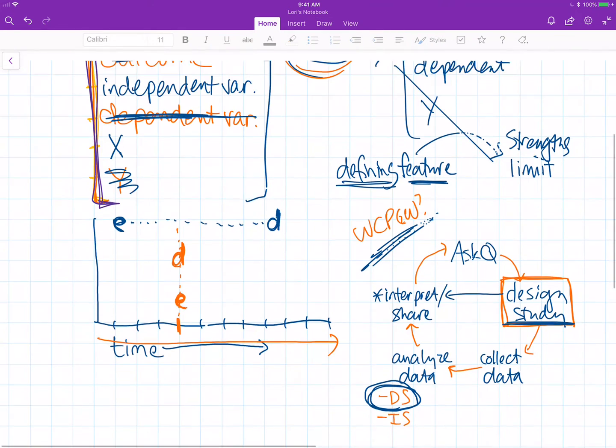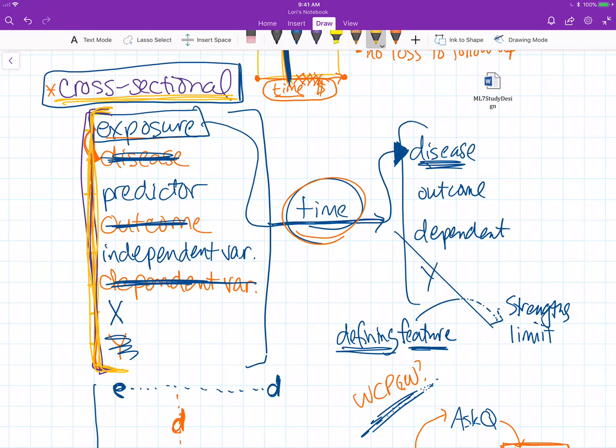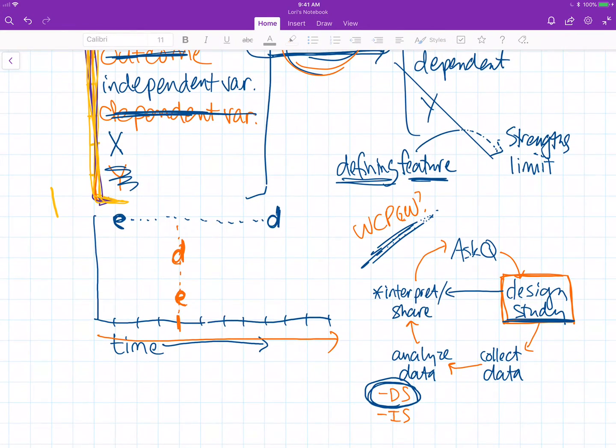Remember up here a little bit farther, since we're collecting all of that information all at the same time, it's like we're taking a slice through time. We want to know about all the exposures, diseases, predictors, outcomes, independent, dependent, X, Y variables. We can't talk about something causing something else because we've collected it at the same time.